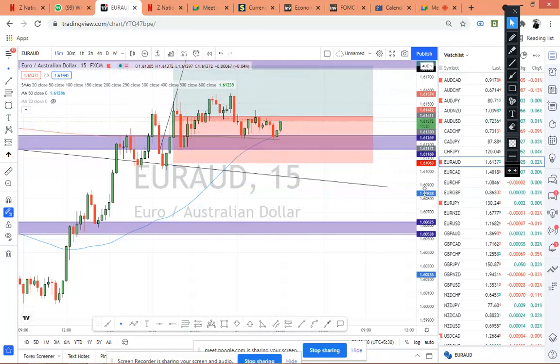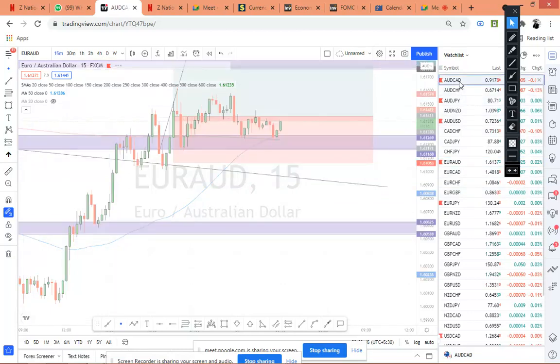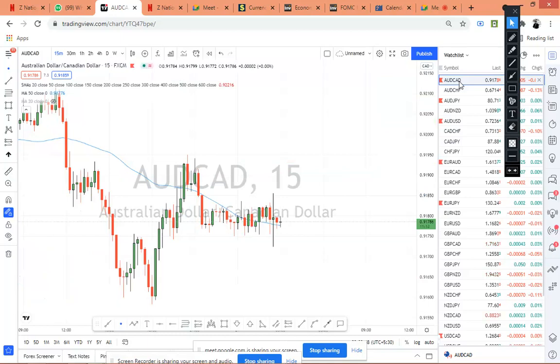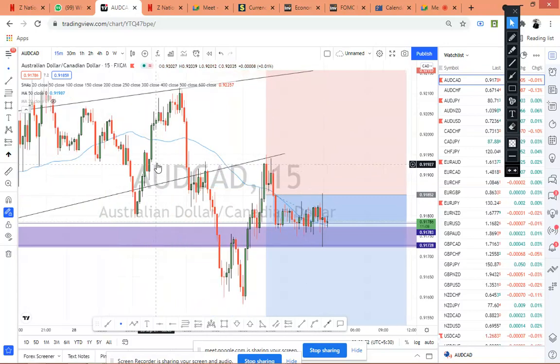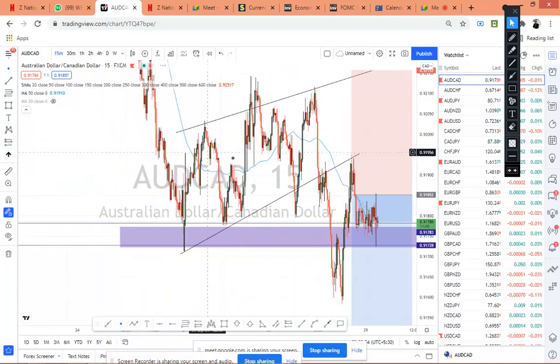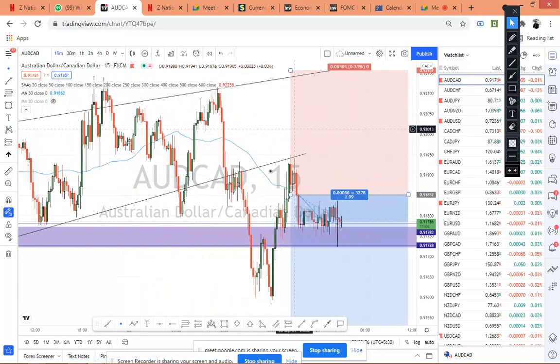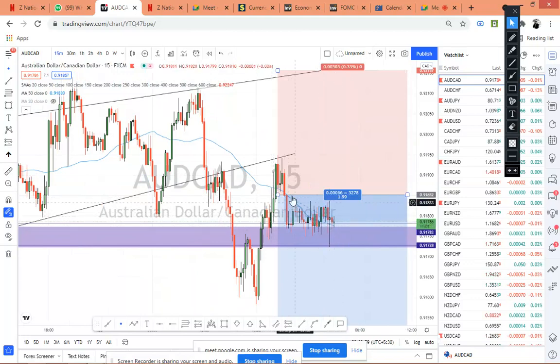Okay, guys, this is our analysis for today. I used the topics that we treated today, the chart pattern and the candlestick pattern. I used the chart pattern, but the market had already started moving.